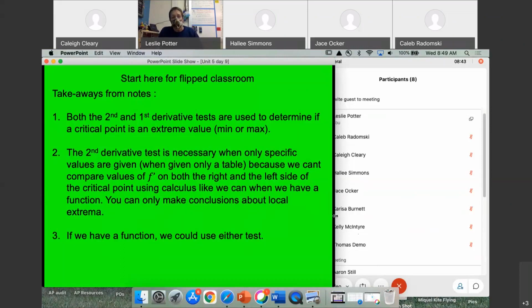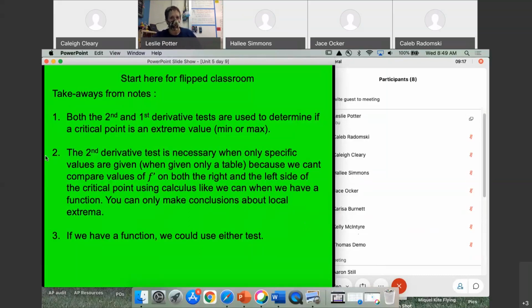So we've got 2 ways to find and to verify extreme values, and that just gives us more tools to attack the problem with. The second derivative test is necessary when only specific values are given. Like when we have a table, that second derivative test can only really tell us something that's happening at a specific point in our domain.